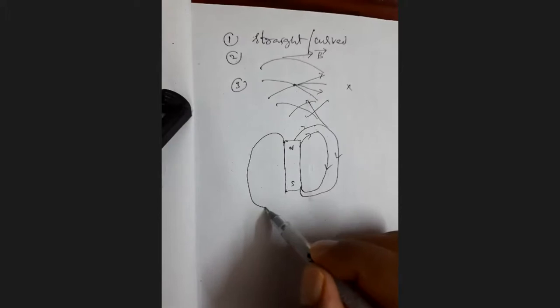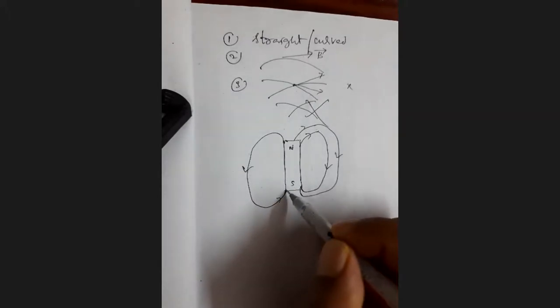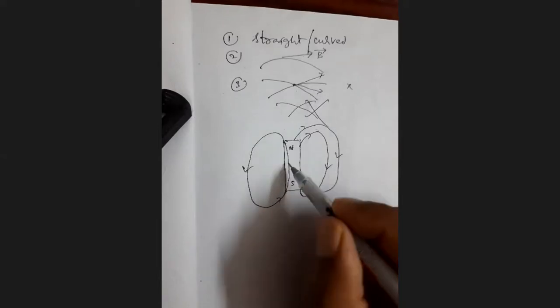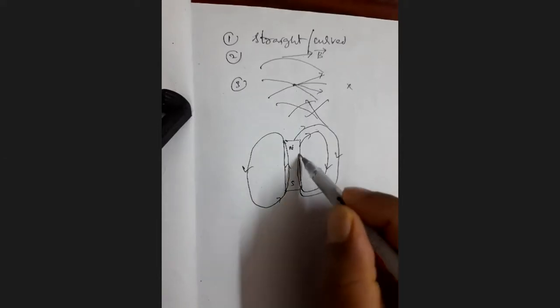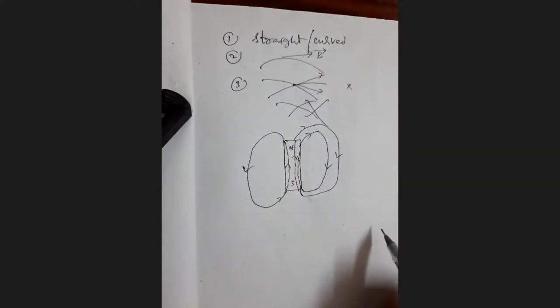They start from the north pole and move towards the south pole outside the magnet. Inside the magnet, they move from south to north. So they are closed curves. Magnetic lines of force are closed curves, but electric lines of force are open curves. This is the main difference between magnetic field lines and electric lines of force.